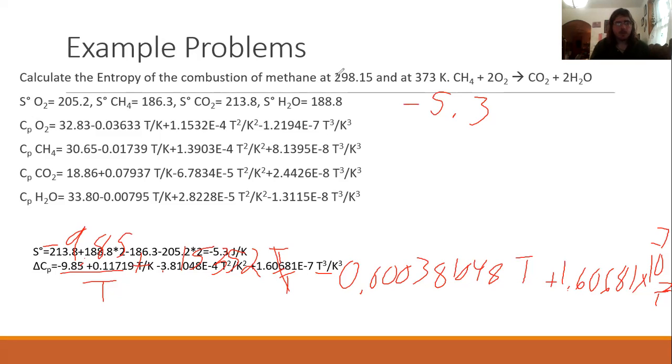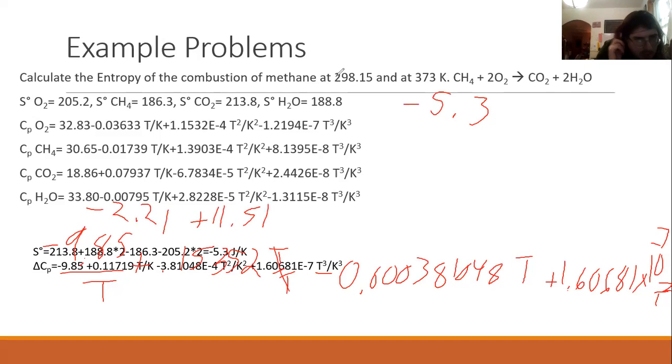We'll figure it out. So integrating this, negative 9.85 integrated to natural log of, going from 373 from 298. So 373 over 298, negative 2.21. Next, 0.015352 times 373 minus 298, positive 11.51.